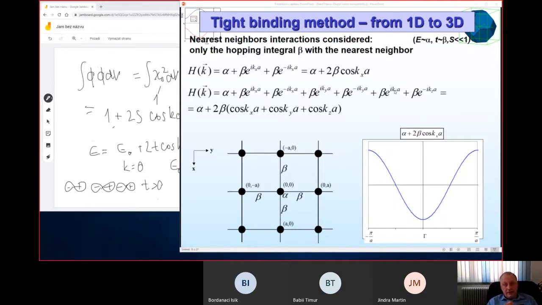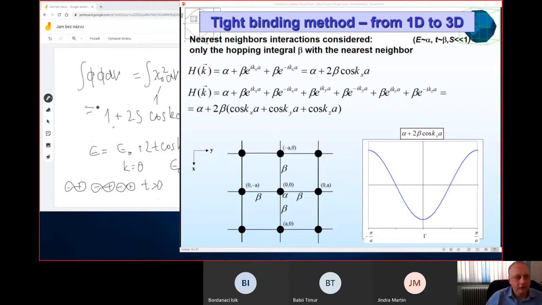But the sine parts cancel again, so we have 2 beta or 2t, and the cosines of kxa, kya, and kza. We considered the cubic unit cell with the same unit cell parameter a in all 3 dimensions, and this is the resulting form of the energy.